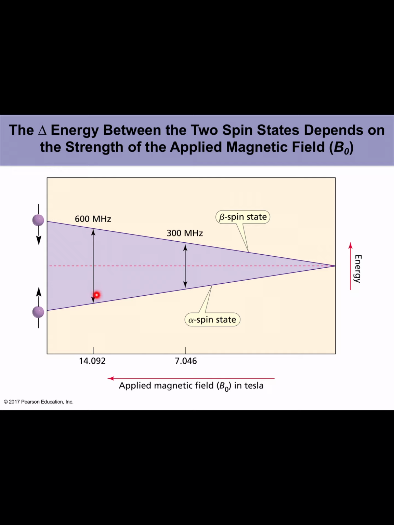The 600 has more strength, and you can see the splitting is more. This is the applied magnetic field in Tesla. Like we saw earlier, the bottom one would be the alpha spin state, and the top line would be the beta spin state.